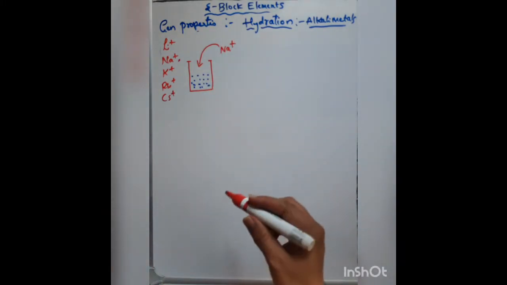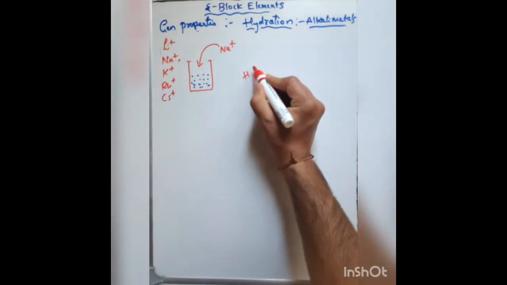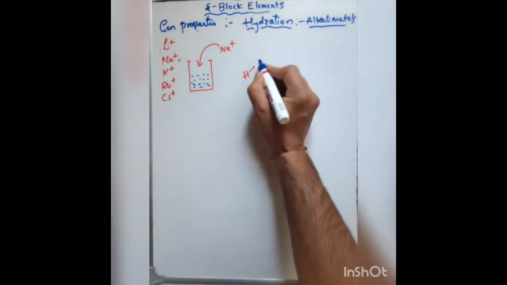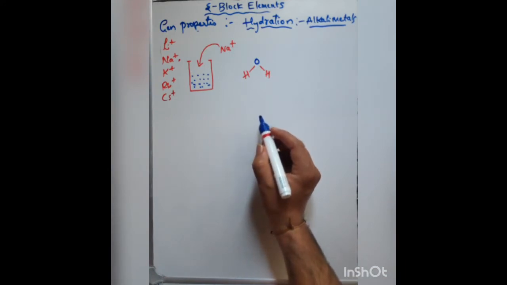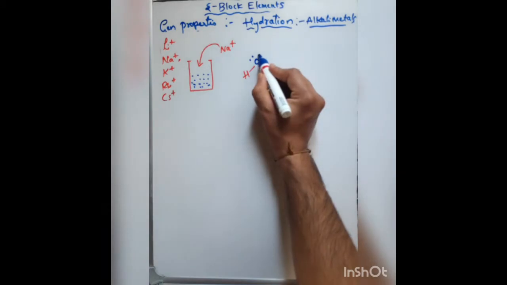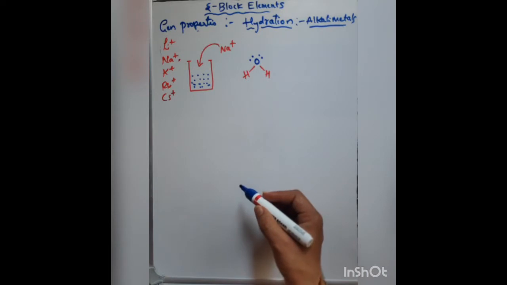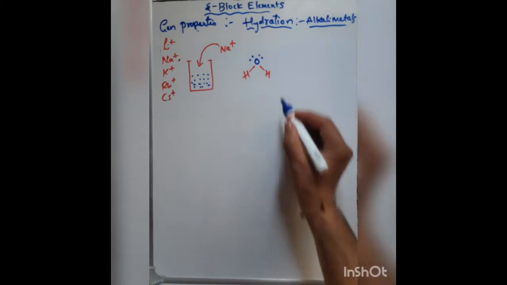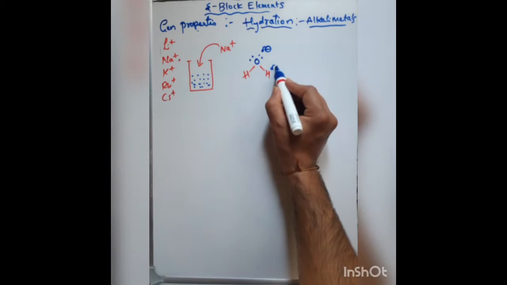Now we know that the water molecule has a bent shape, and oxygen has a higher electronegativity and two lone pairs of electrons. Since oxygen has higher electronegativity, oxygen will carry a delta negative charge and hydrogens will carry a delta positive charge.